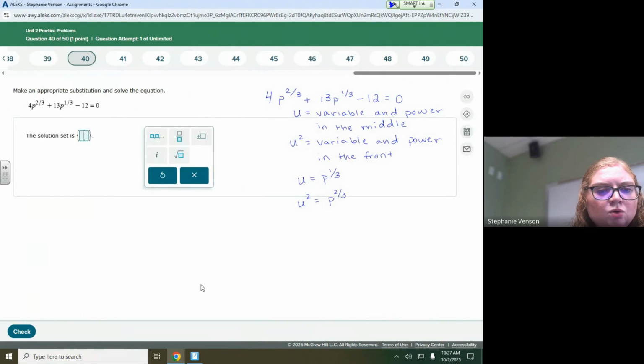Okay, so going back to here, that would mean that 4u squared plus 13u minus 12 is equal to 0. All right, so let's see if we can factor this.